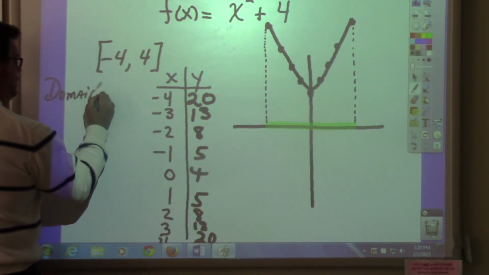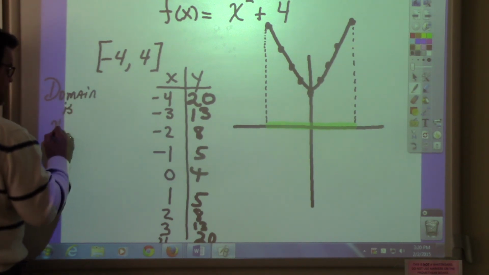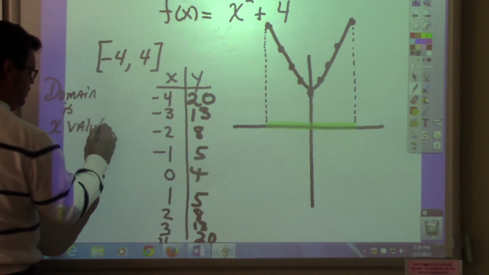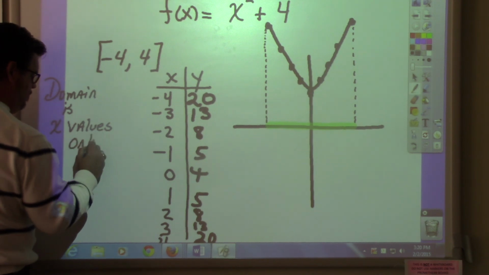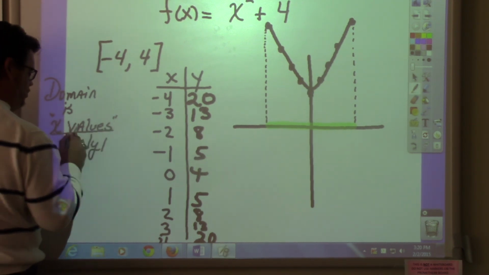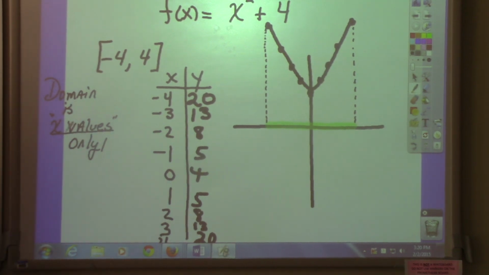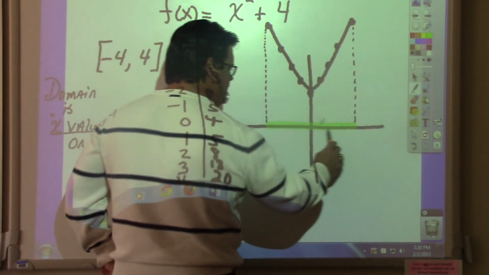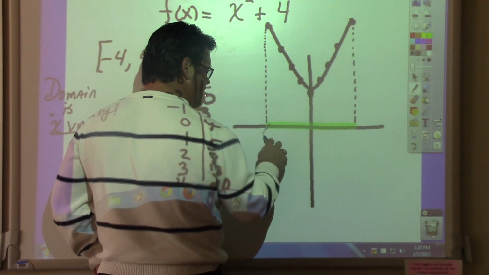Domain is X values only. I want you to highlight, underline, whatever, X values. So in this case, the domain is represented by this green line, which goes from -4 to what?